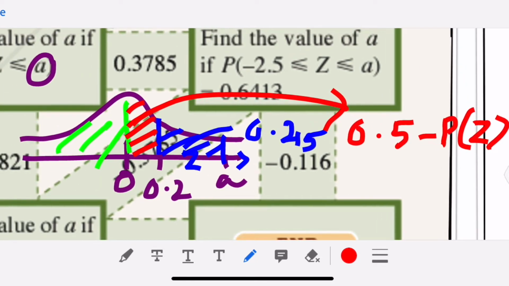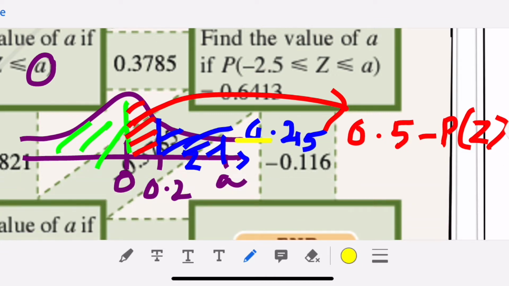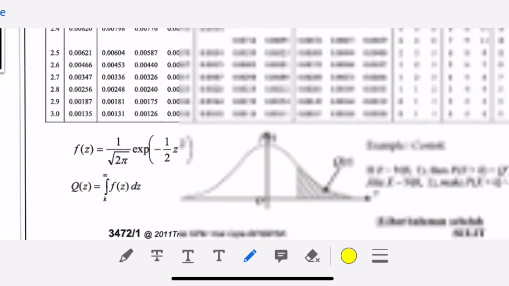Okay, since we have the area which is in red color, we can say that for the shaded region of the bell here, we always want the right-hand side area of the bell, so that we can use the normal distribution table, because in the normal distribution table, as you can see, the area is always fixed.